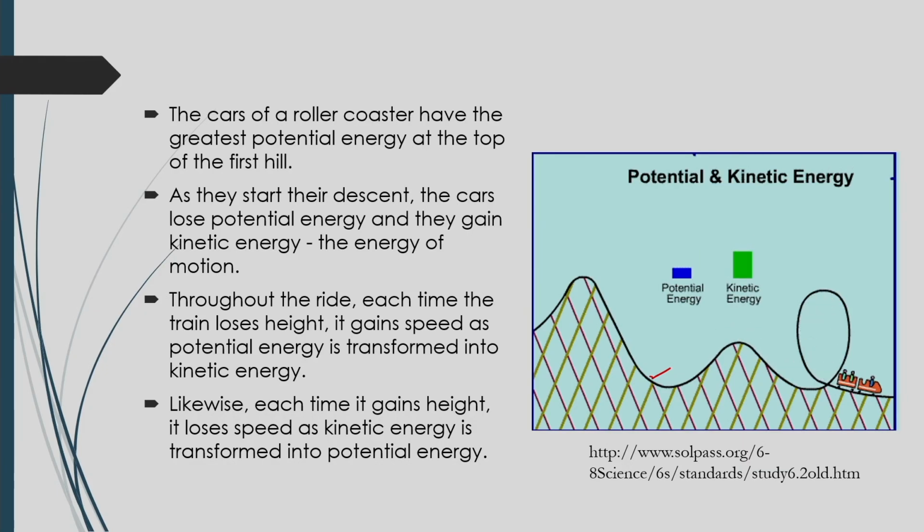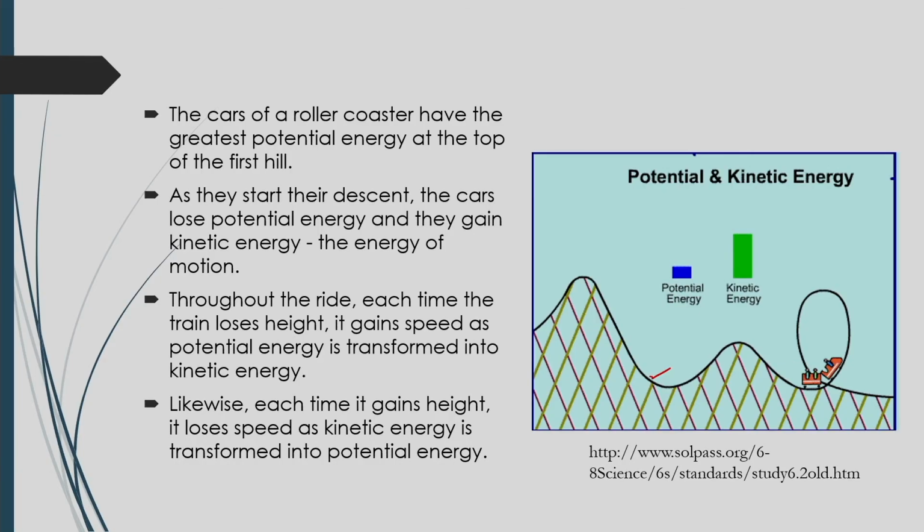Likewise, each time it gains height, it loses speed as kinetic energy is transformed into potential energy. So whenever it changes its location, its potential energy will change, and whenever it changes its velocity, its kinetic energy will change.